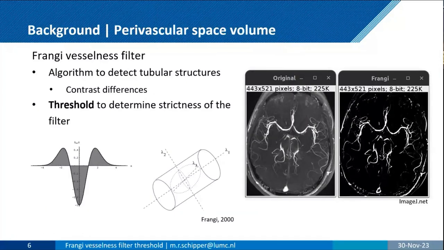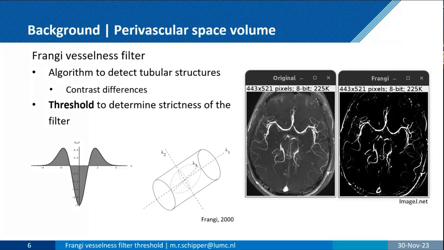So, ways to assess the perivascular space volume. One of the more often used methods is using the Frangi vesselness filter. And this has actually been developed here in this hospital a while ago by Alejandro Frangi. It's an algorithm to detect tubular structures.